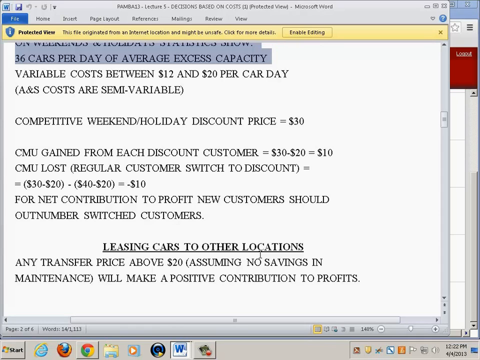But generally, when you consider discount prices because you have excess capacity, you have idle resources, then the fixed costs are not relevant. What is relevant are the variable costs. So you have costs that become irrelevant for these types of decisions.